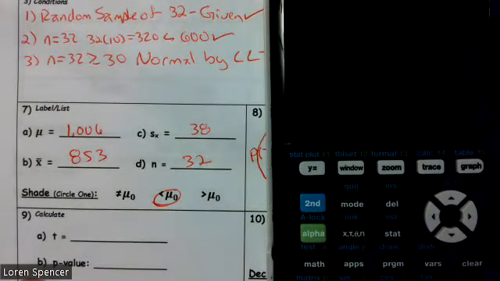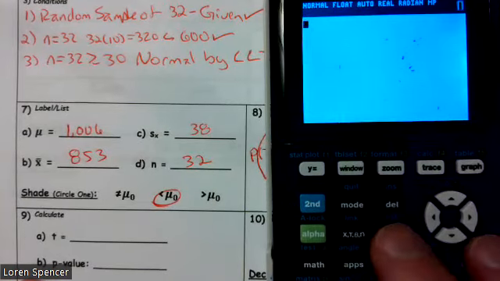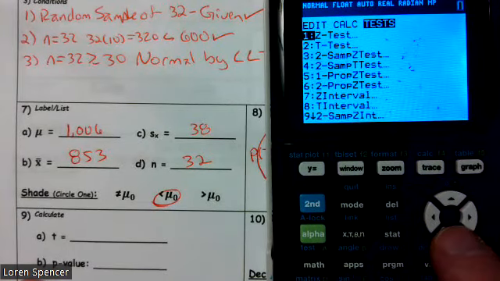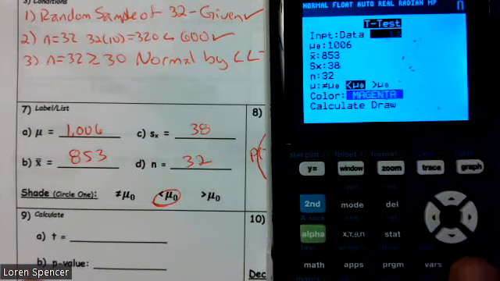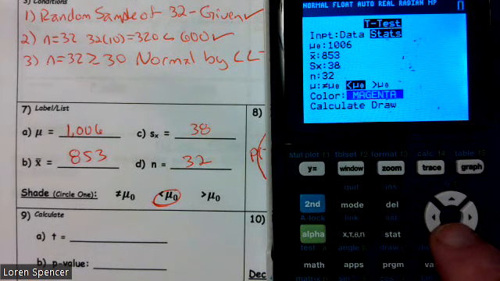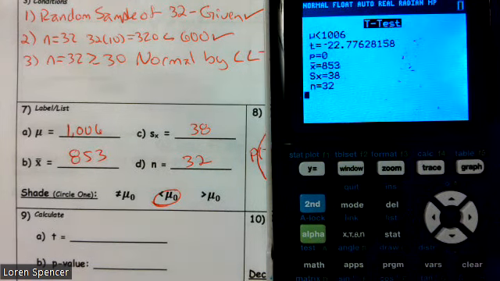So here we go. Let's run that test. Stat, test, t-test. Stats need to be highlighted. Our mean was 1006. Our x-bar is 853. Sample standard deviation of 38. n is 32. We got a less than, and we press calculate.